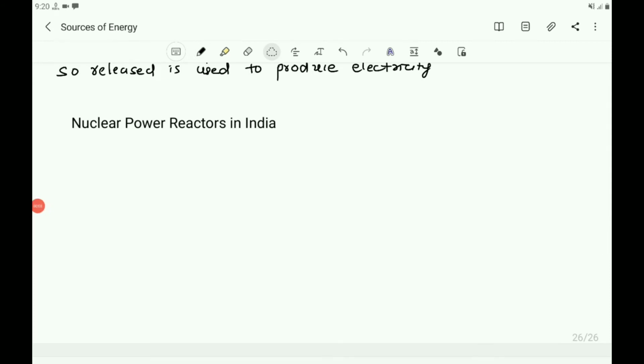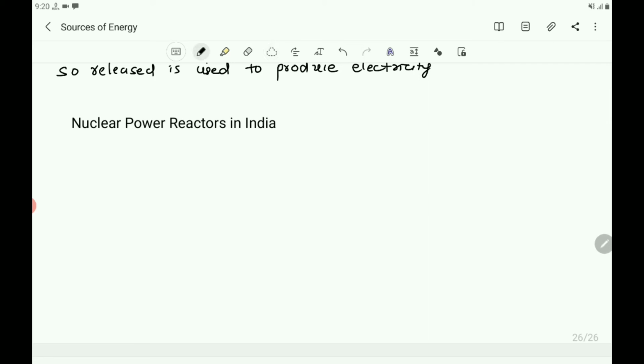Nuclear power reactors in India. The atomic power stations in India, that is nothing but nuclear power reactors in India, are: first one is Tarapur Atomic Power Station in Maharashtra, that is of 420 megawatt.